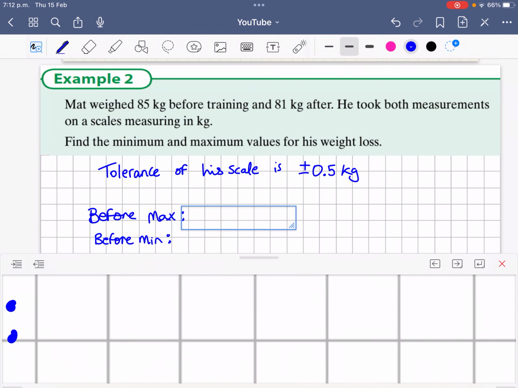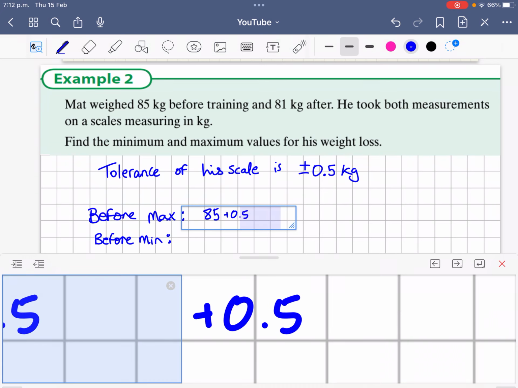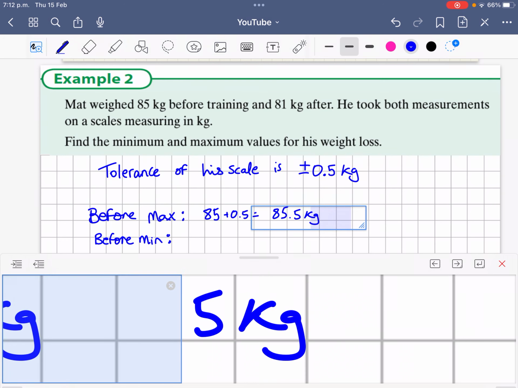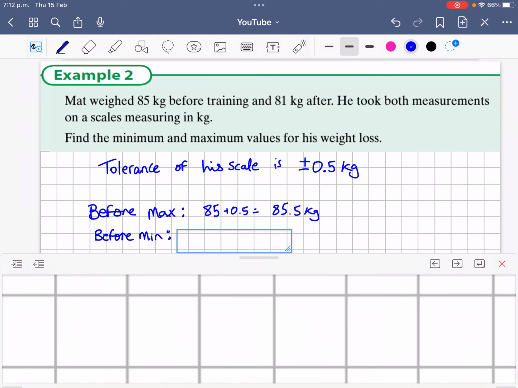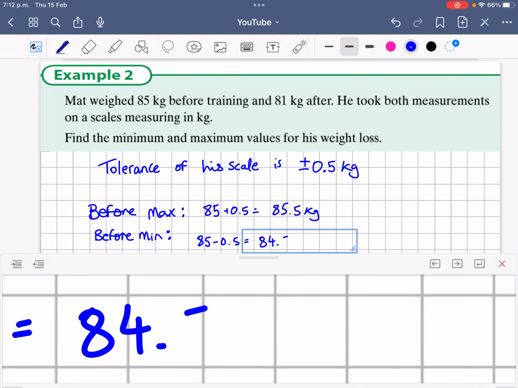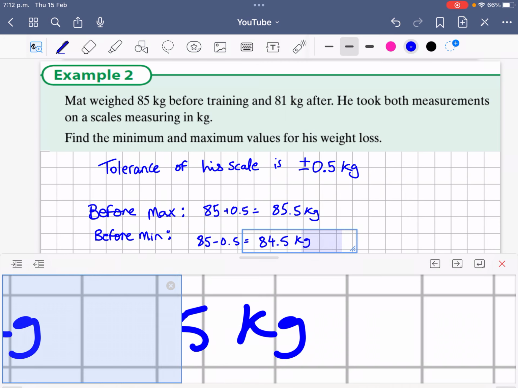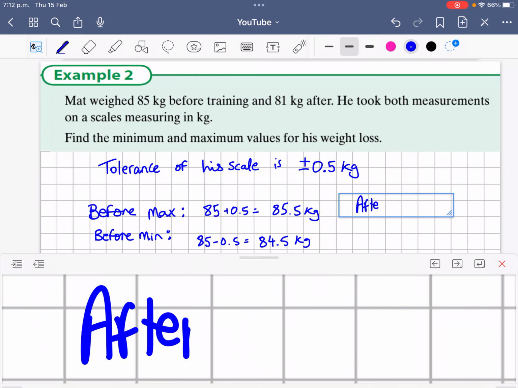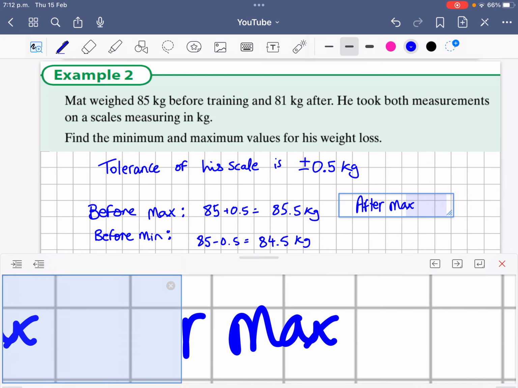So he could have either been 85 plus 0.5 gives me 85.5 kg, or he could have been 85 take away 0.5, he could have been 84.5 kg. And we'll do the same for after max or after min.